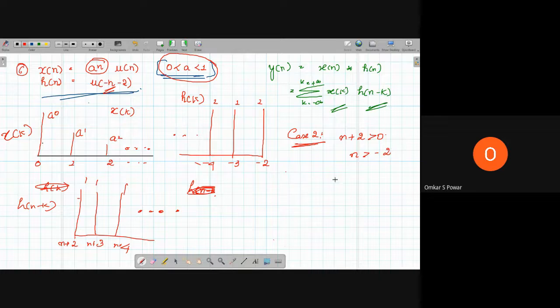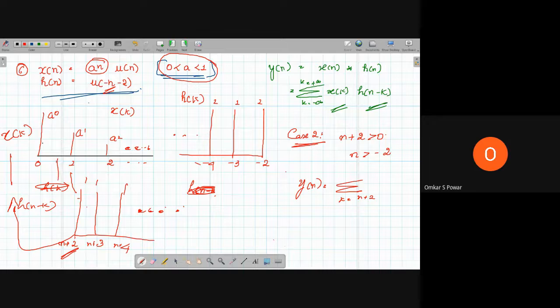So n is greater than minus 2. So y of n is equal to the sum with k varying from n plus 2. The overlapping starts from n plus 2 and goes up till infinity, because you keep this x of k constant and take two cases: n plus 2 less than 0 and n plus 2 greater than 0. In case 1 it will lie here somewhere because it's less than 0.